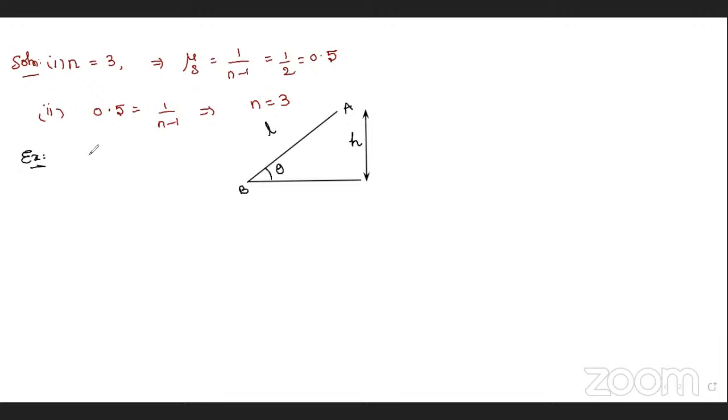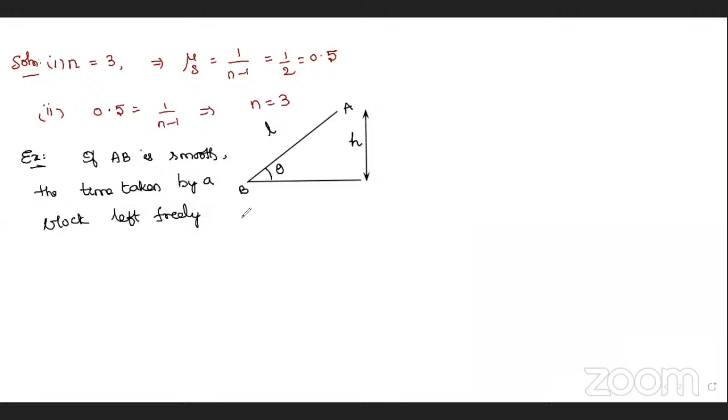What he said: if AB is smooth, the time taken by a block left freely at A to reach B is T1.